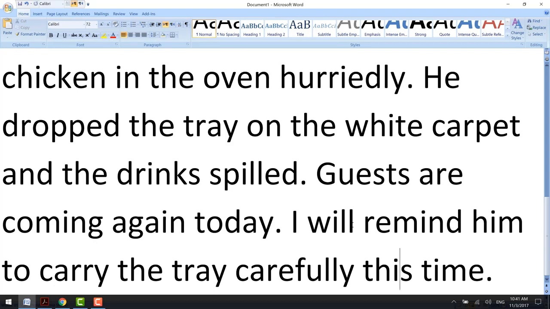I will remind him to carry the tray carefully this time. Last sentence. I is a person, therefore that's an ism. Will remind is in the future, so that makes it a fi'l. Him is actually a person, which means it's an ism. To would be a harf. Carry the tray. To carry. Carry would be the idea.